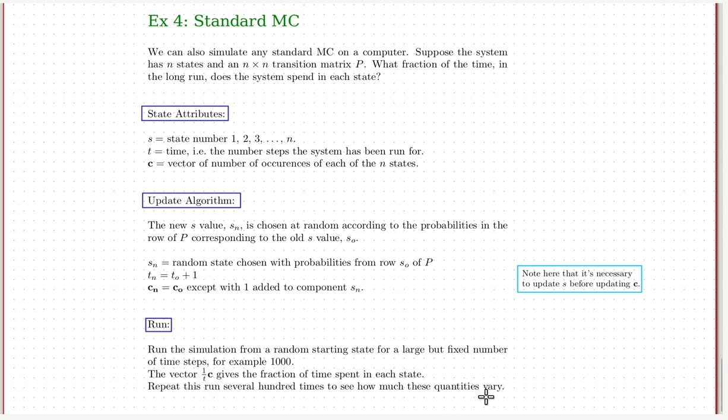So doing that should give us a pretty good estimate for the stable vector w, and in fact that's something we should do. We should probably compute the exact value of w using the Markov chain theory, and then also do it on the computer simulation to make sure the computer simulation is working correctly. If the computer simulation is working correctly, our estimate for the average time spent in each state should be pretty close to the theoretical values, right? Okay.